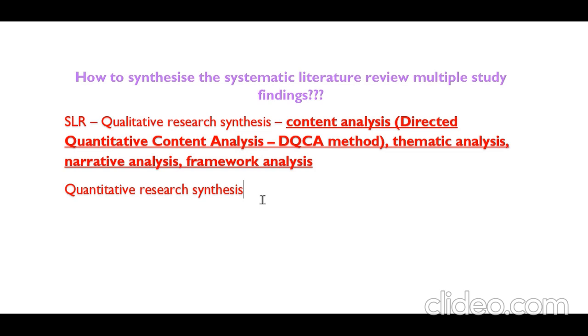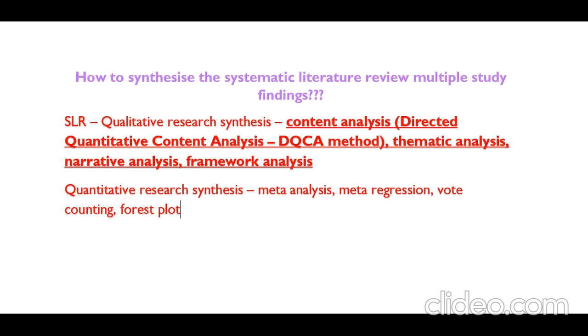Then the fifth one is quantitative research synthesis. In this you can do meta-analysis, meta-regression, word counting, and forest plot. These are the four types you can use for synthesizing your quantitative results.